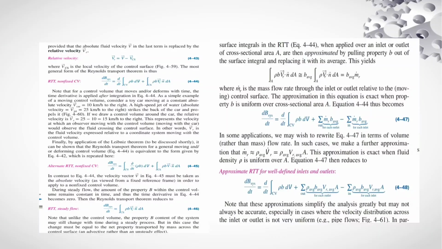In such a case, we make a further approximation that mass flow rate equals rho average V average A. This approximation is exact when fluid density rho is uniform over A. So it becomes dB system over dt equals d over dt of the integral over CV of rho B dV plus the sum of rho B V A minus the sum of rho B V A, simplified for each outlet minus each inlet. It is an approximation suitable for well-defined inlets and outlets.